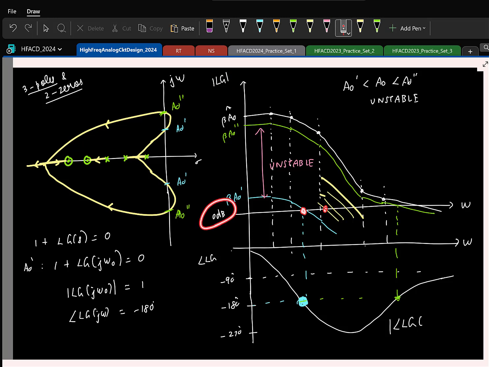Is that okay? This is omega u loop, the notation that we have used. So if the phase magnitude is greater than 180, then it is definitely unstable. Okay, that's all. Is this clear?